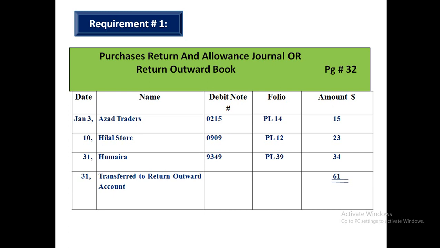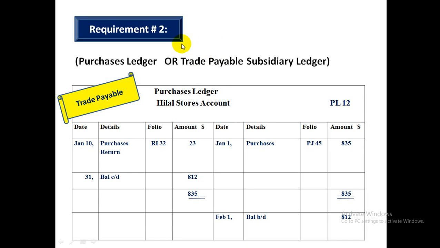Let's move to requirement number 2 now. In requirement 2 of the question, we have to prepare the purchases ledgers. We should keep in mind that these purchases ledgers are actually the trade payable ledgers of the suppliers from whom we had purchased goods or to whom we had returned goods.